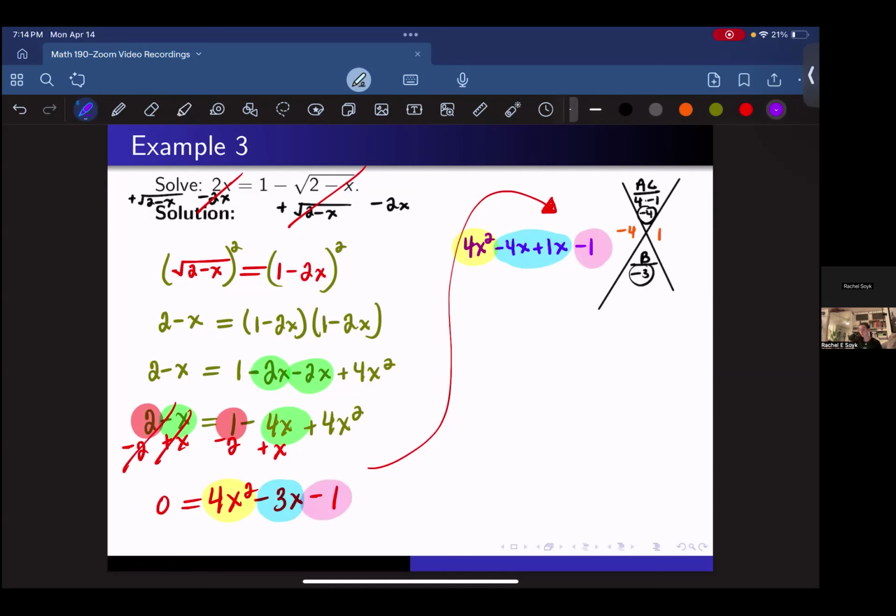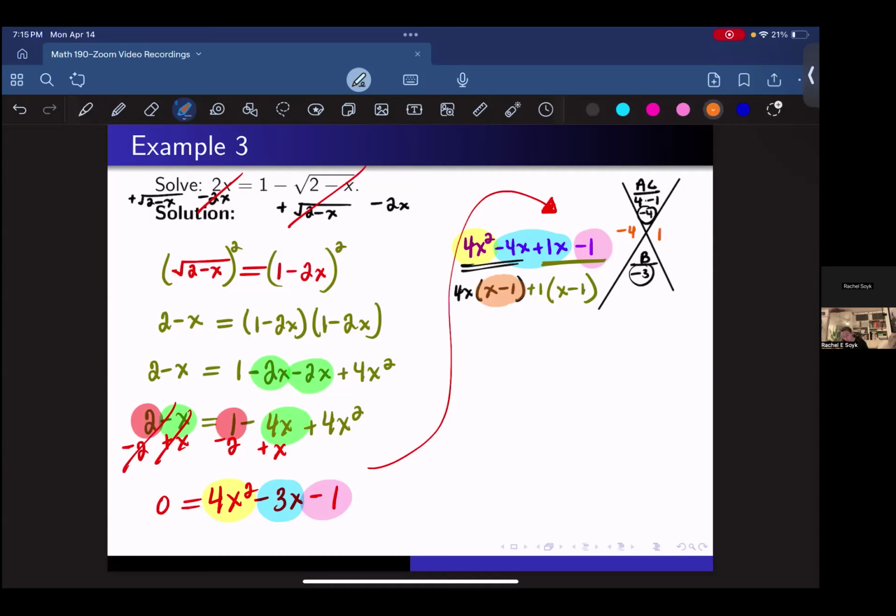Now we'll utilize our knowledge of factor by grouping. So those first 2 terms we can factor out a 4x so that we're left with x minus 1. Those last 2 terms we can factor out a 1 so that we're left with x minus 1. We did this correctly.